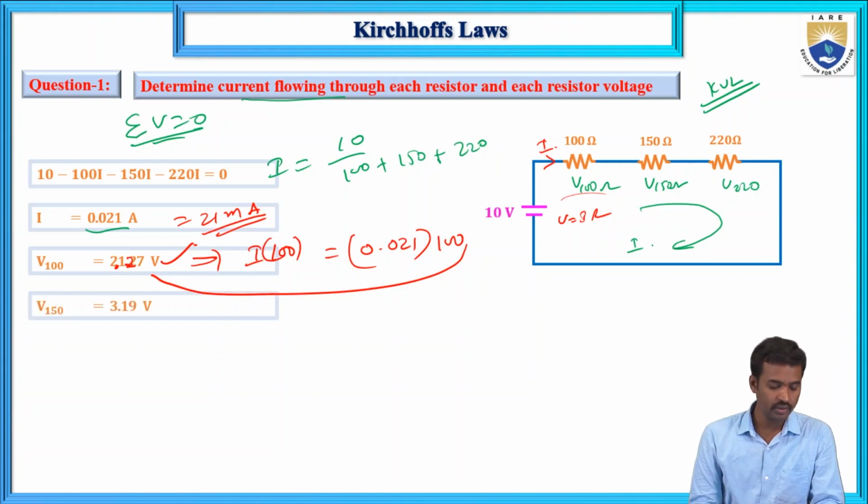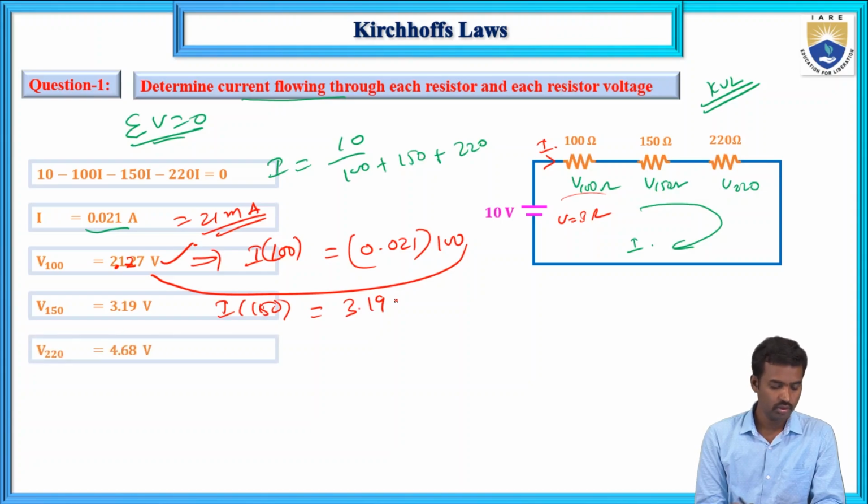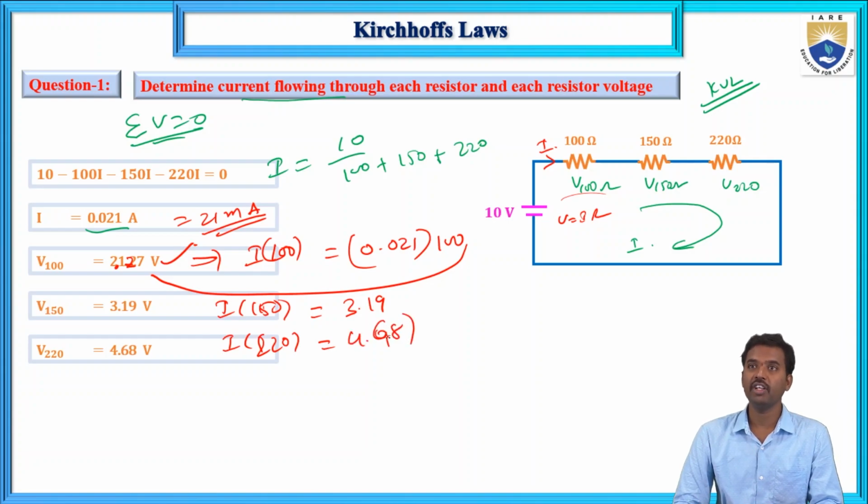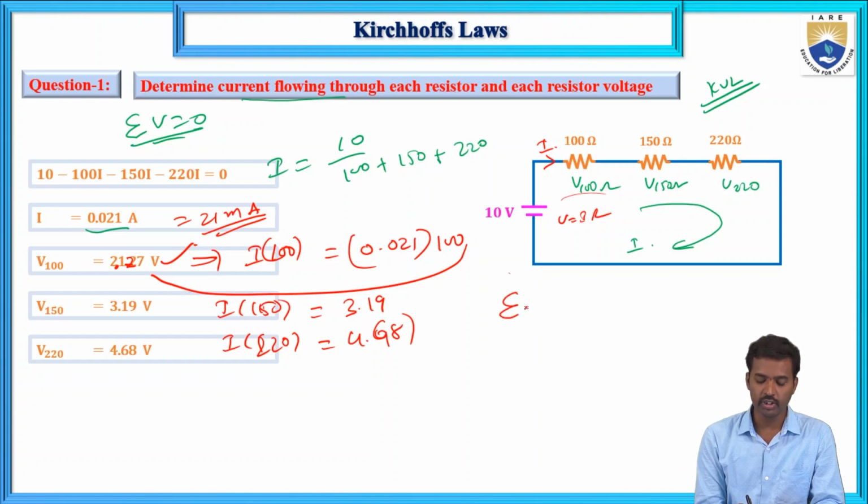And next, I into 150, that value equals 3.19. And I into 220 equals 4.68. Now you can verify KVL, that the algebraic sum of total voltages equals 0. With the 10 volts, 2.1 plus 3.19 plus 4.68.